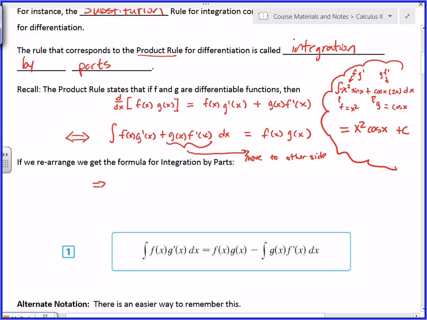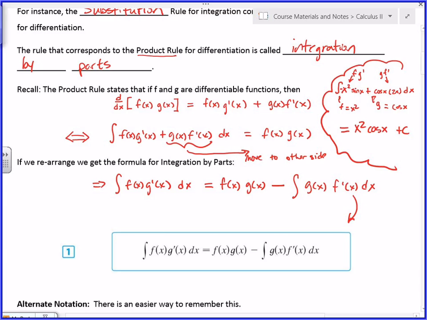So what I end up with is the integral of f of x g prime of x dx is equal to f of x g of x minus the integral of g of x f prime of x dx, which is exactly what I have inside that box. That is the formula for integration by parts.